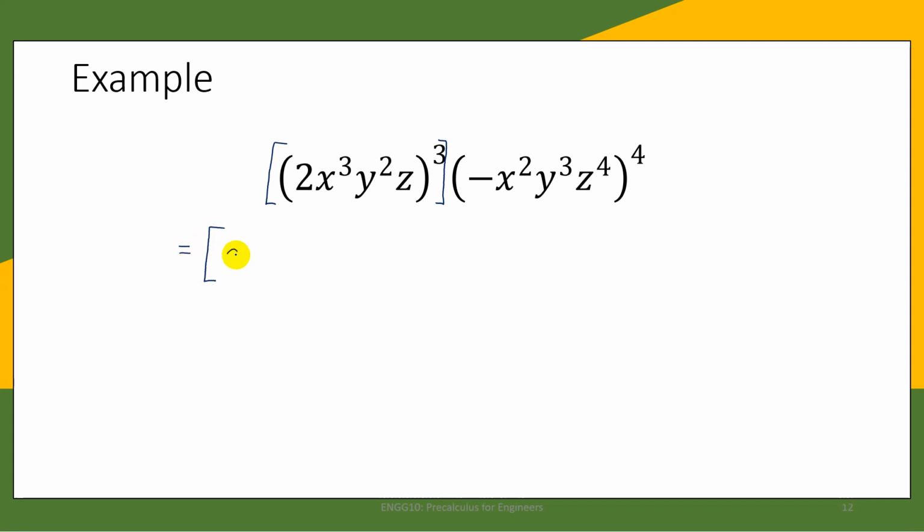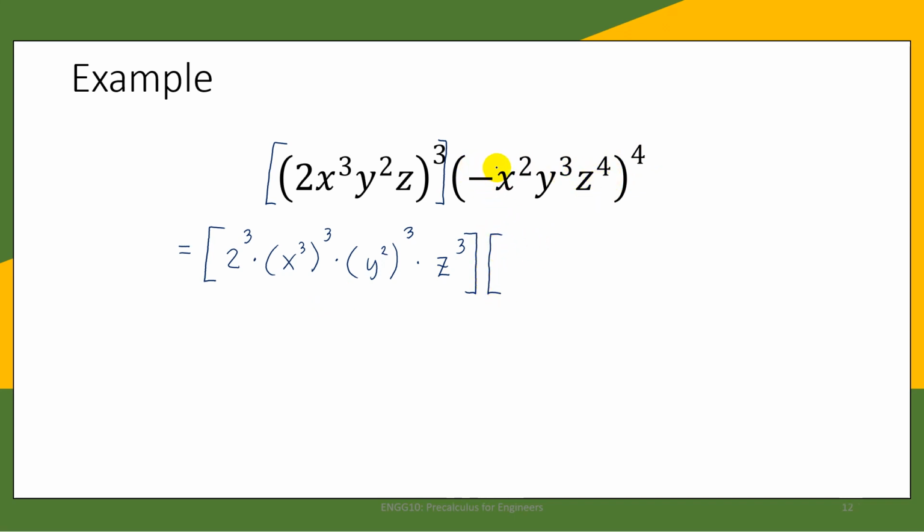So that becomes 2 raised to 3 multiplied by x raised to 3 raised to 3, then multiplied by y raised to 2 raised to 3 times z raised to 3. So using the same theorem, we are going to do that in here as well for the second expression.